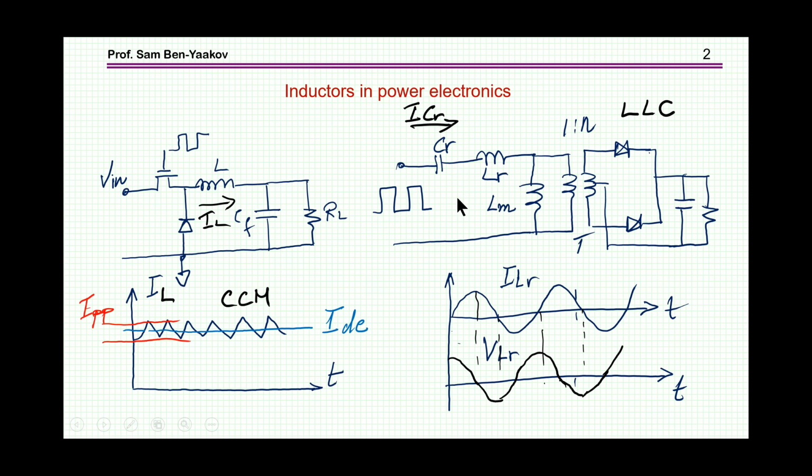Now, the other area in which inductors are used is in resonant or quasi-resonant or partial resonant converters, and in this case, the current would be more sort of a sinusoidal waveform. Here I'm showing an LLC converter. This is the resonant part, C sub R, L sub R, and L sub M. This is the LLC.